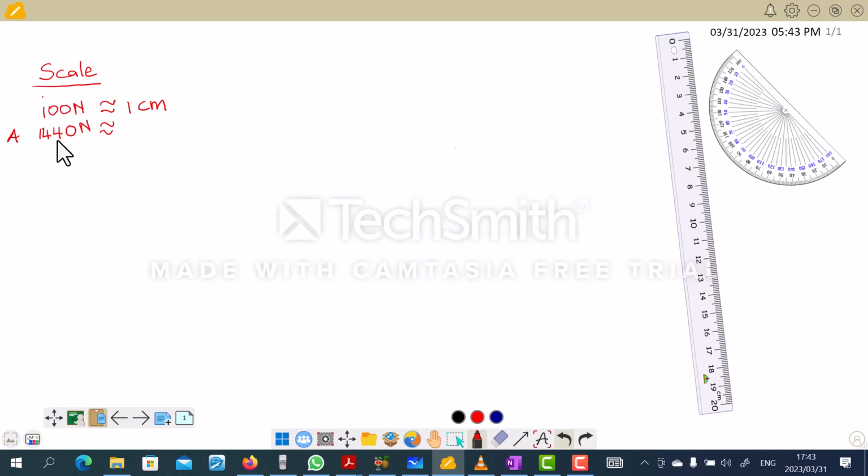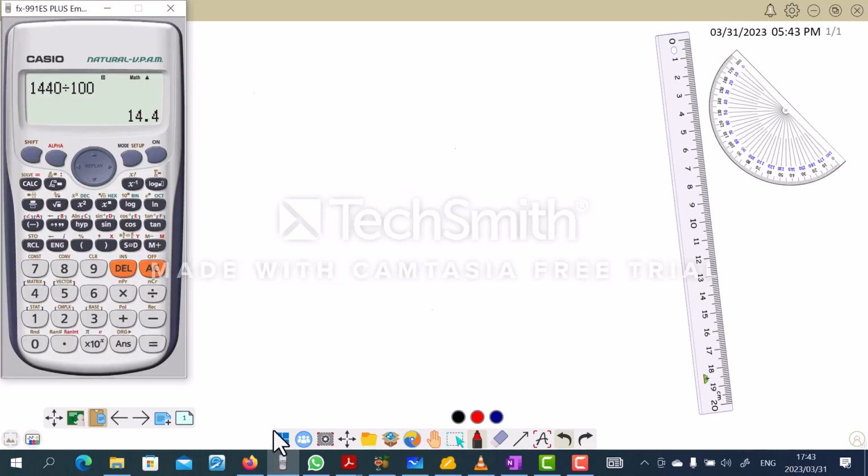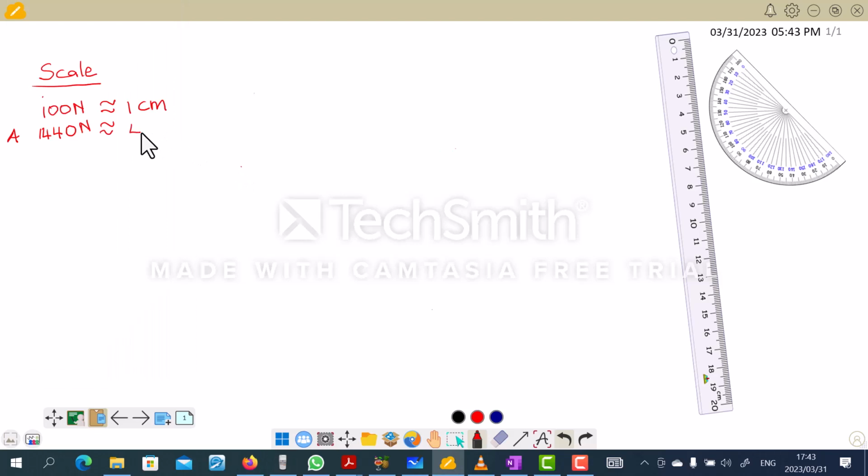You just say on your calculator, 1440 divided by 100. Then what do you get? 14.4. In centimeters, that value will be 14.4 centimeters. That means we can now draw vector A, because we have reduced it from these 1440 newtons to make it equivalent to 14.4 centimeters.